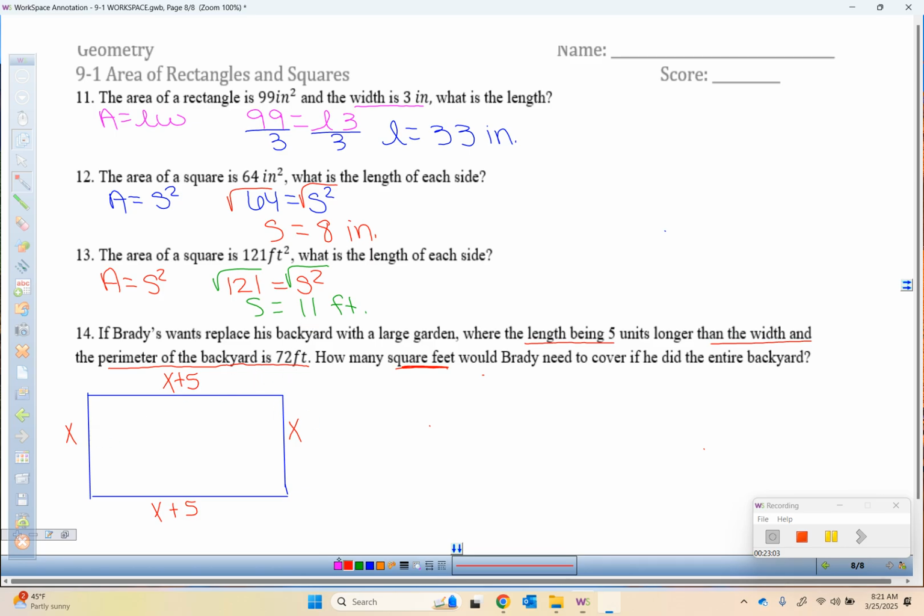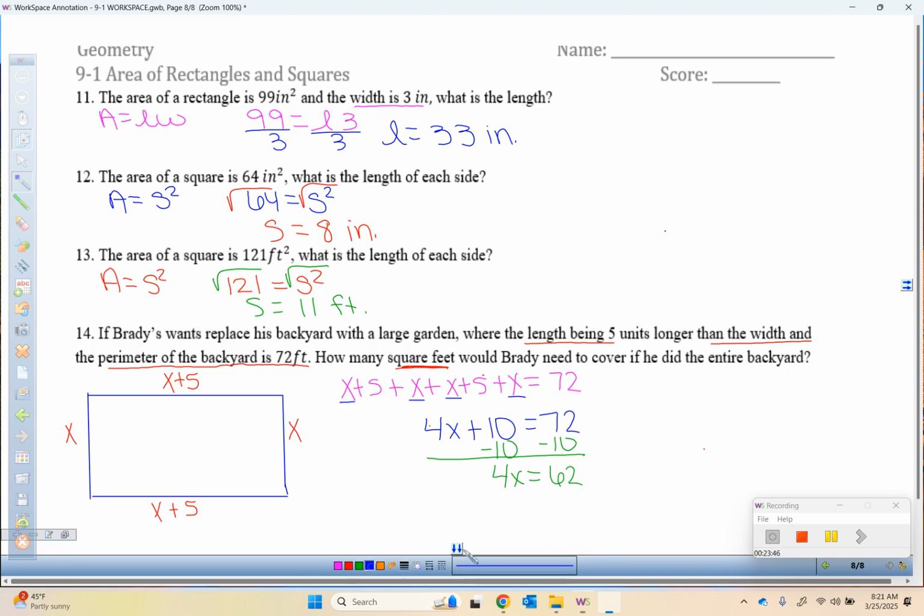So if I add all these together, X plus 5 plus X plus X plus 5 plus X, and set that equal to 72, I should be able to solve for X. By combining like terms, how many X's do I have? 2, 3, 4. I have 4 X's plus 5 and 5 is 10. So subtract 10 from both sides. 4X equals 72 minus 10, which is 62.